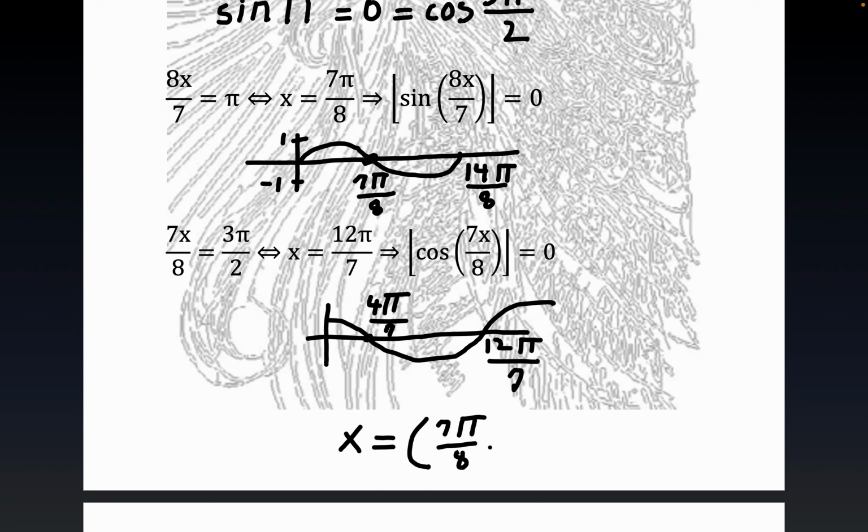And then notice that 12 pi over 7 is smaller than this 14 pi over 8 that you see over here, so that'll be what limits us. The cosine graph is limiting the right endpoint, so to speak, here. You can think of it as intersections of domains if you want to. So that would be 12 pi over 7 for the right endpoint.